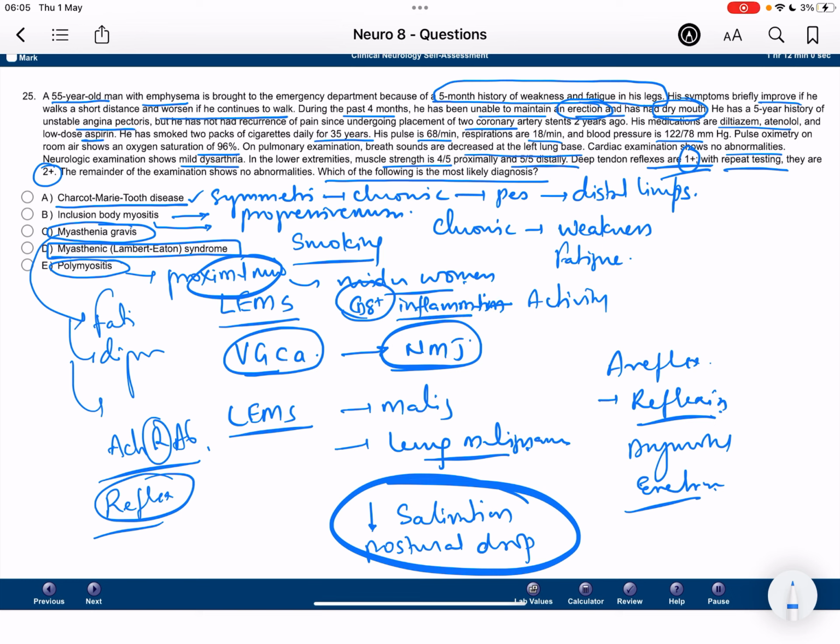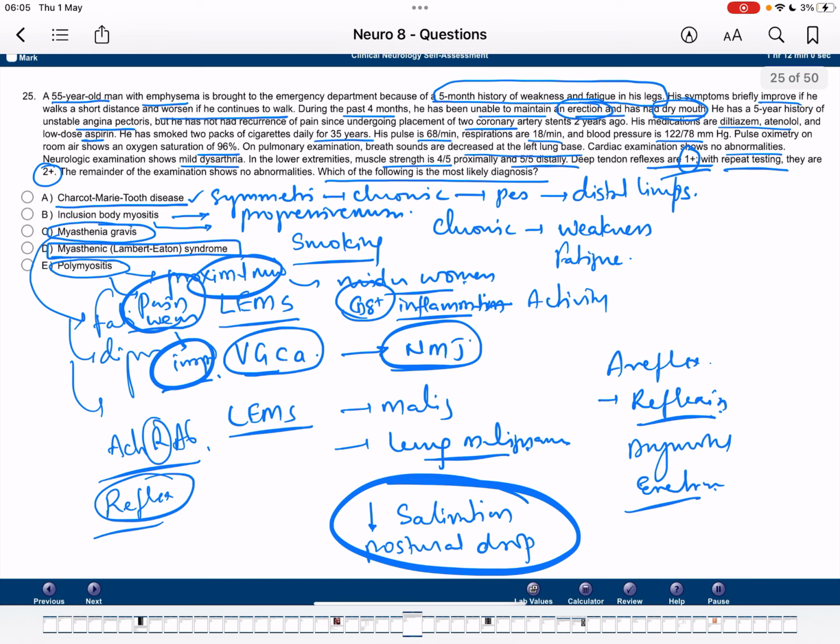Polymyositis usually presents with pain and weakness, but the patients will not have improvement on repeated testing. Very important, please. This is how we'll have to see all the options and the questions in the USMLE exam.